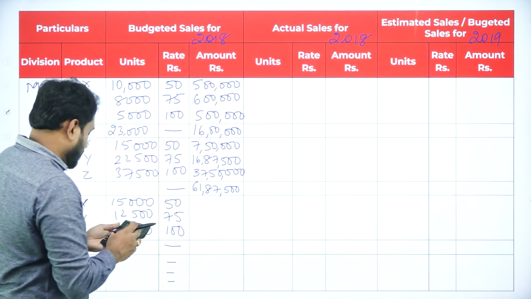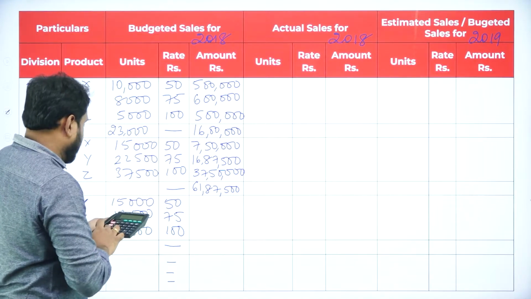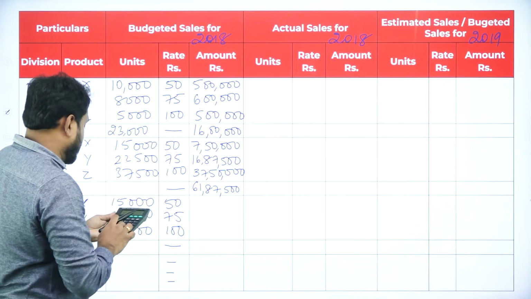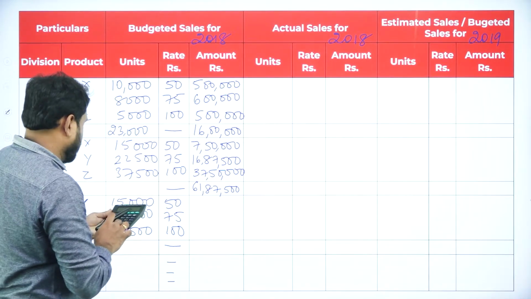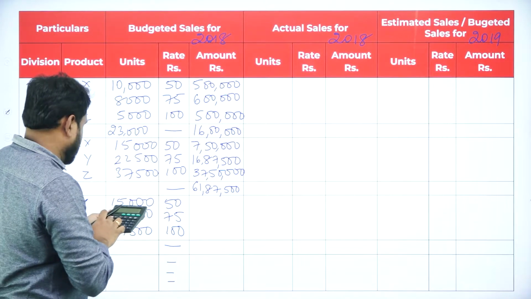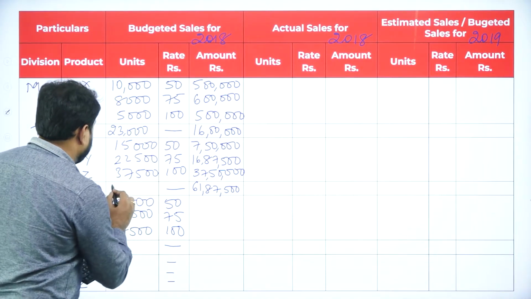Add all these things. Now we will get here 15,000 plus 22,500 plus 37,500. So we have here 75,000.